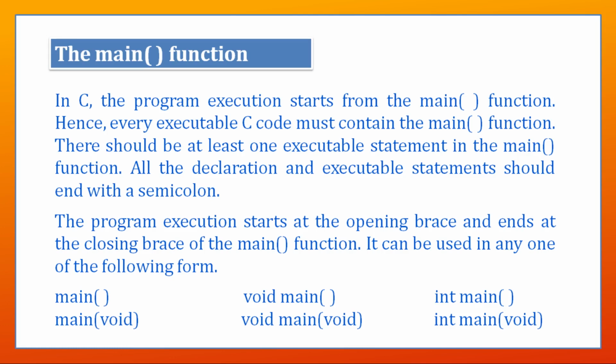After the main function, the subprogram section contains the list of user-defined functions which perform some specific task. The main function can be used in any one of the following forms, that is main, void main, int main, etc.